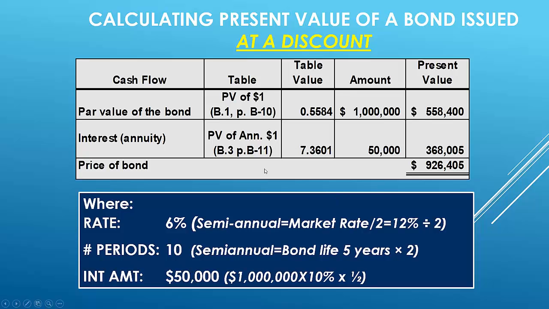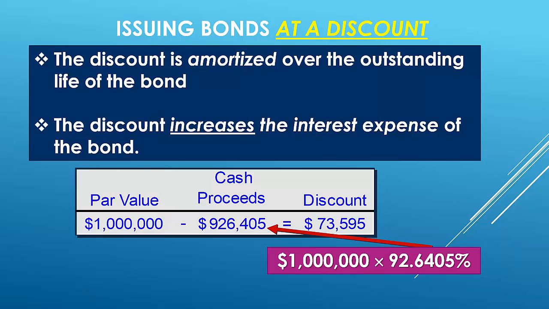That's just the name of the game because the stated interest rate on my bond is less than the interest rate that's being paid on the market. Okay, and because I'm not getting as much cash as the par value, that's the discount. So I just took the $1 million less what I'm going to get, and that's the discount.